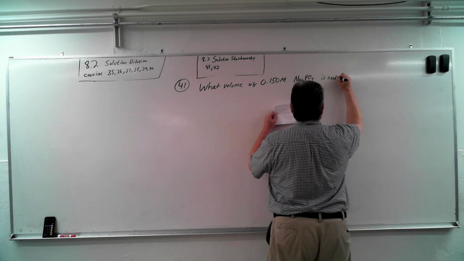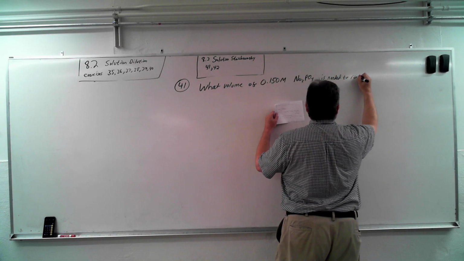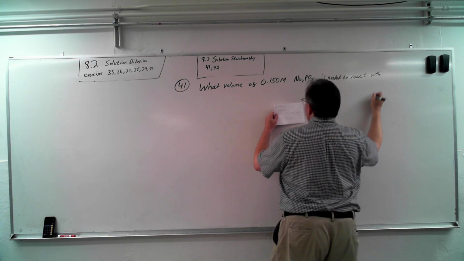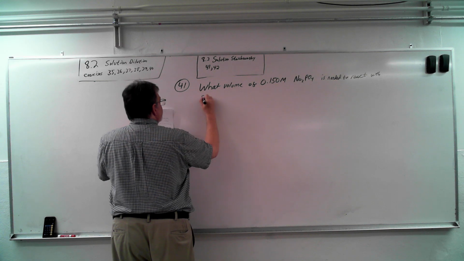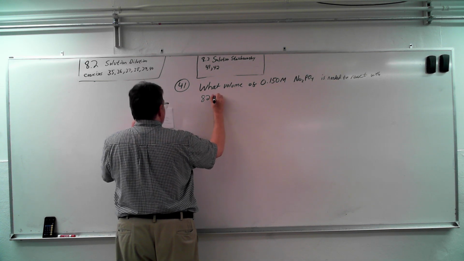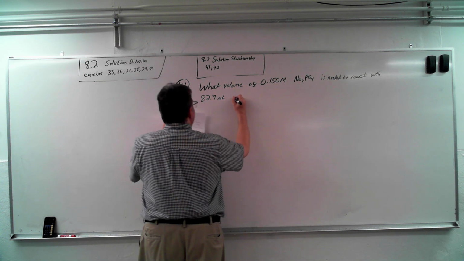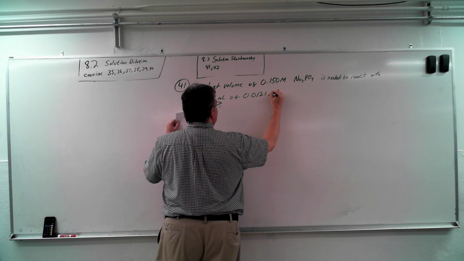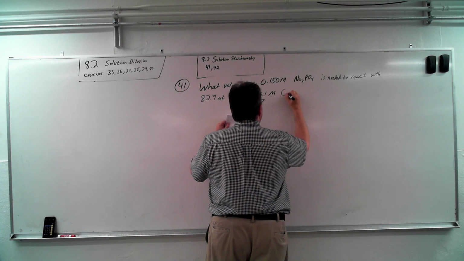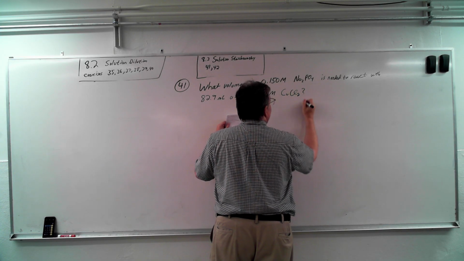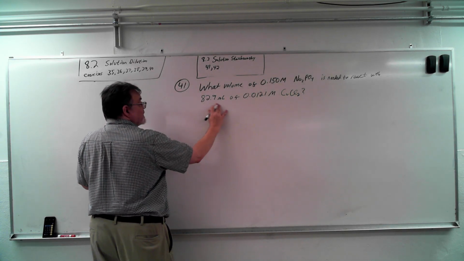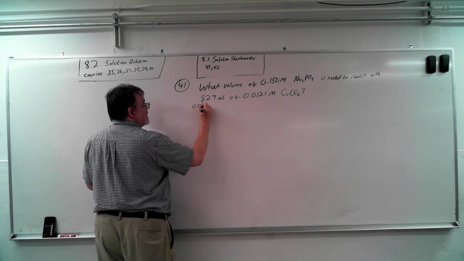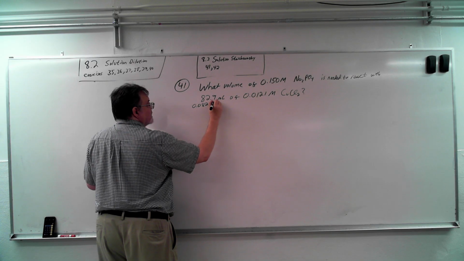We're working in liters here, so I would just move the decimal back 3 places and go 0.0829 liters, and I'll use that.